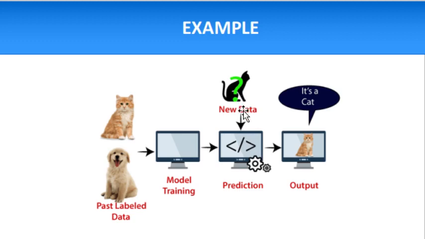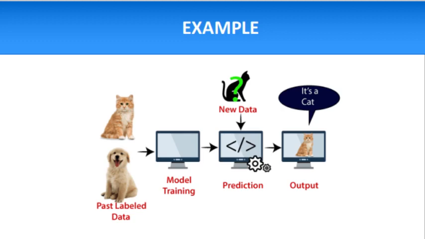Because it is new data, we have to think whether it is a cat or a dog. By using the past data and the algorithm, we identify that the output is a cat, and it will separate this new data from this data and from this data.